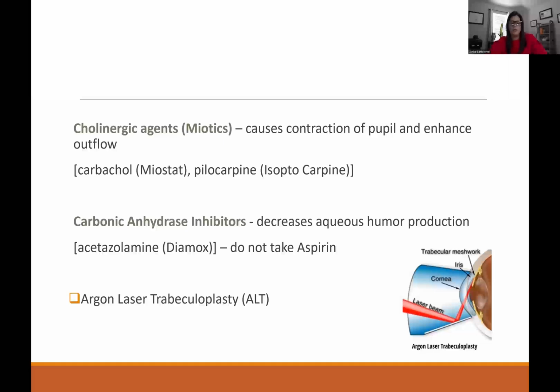The goal is to laser the area where the outflow of the liquid comes out, creating some scars. The scars cause contraction of that meshwork, which pulls it back and opens up the outflow channel.